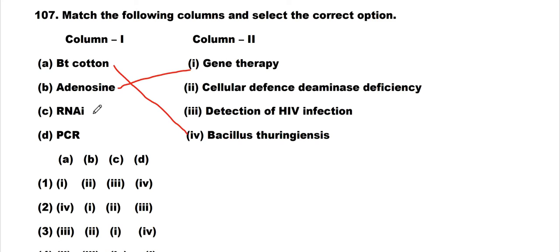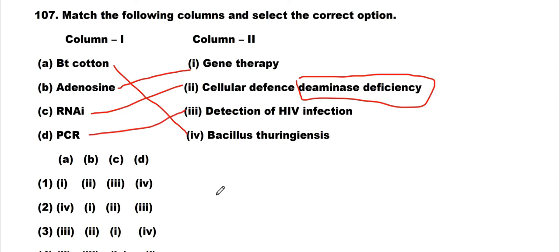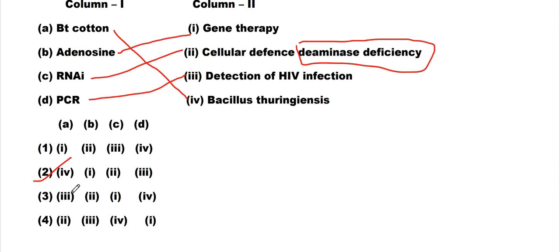RNAi is cellular defense mechanism, right? So adenosine deaminase should come over there, right? Next, PCR is used for detection of HIV infection. So for question number 107, answer is 2.